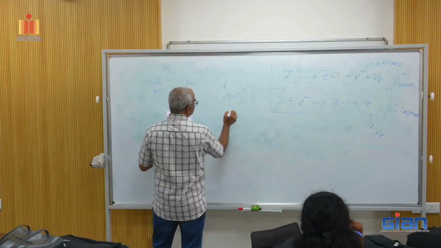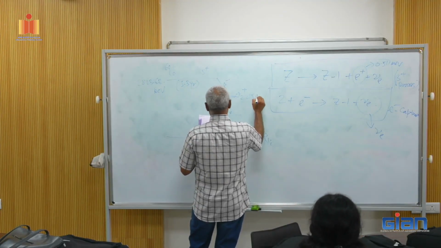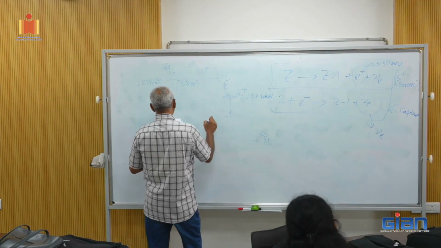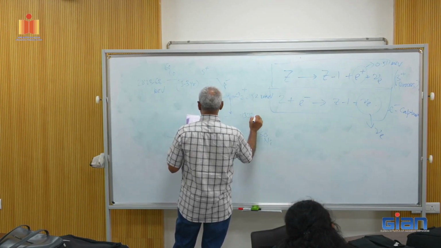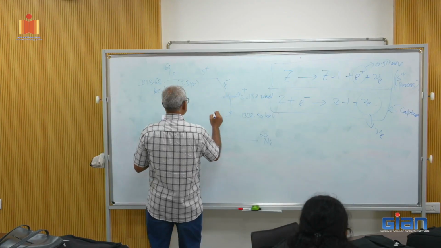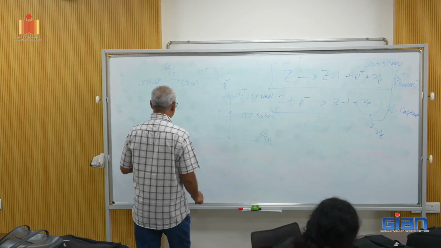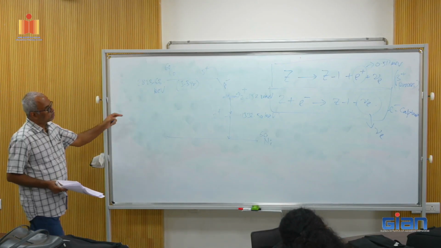The intermediate state is 2158.80 keV. With the emission of a photon, it comes to another state, 1332.50 keV, which is a 2 plus state, and then finally with another photon it comes to nickel-60. So these are the 2 photon emissions.